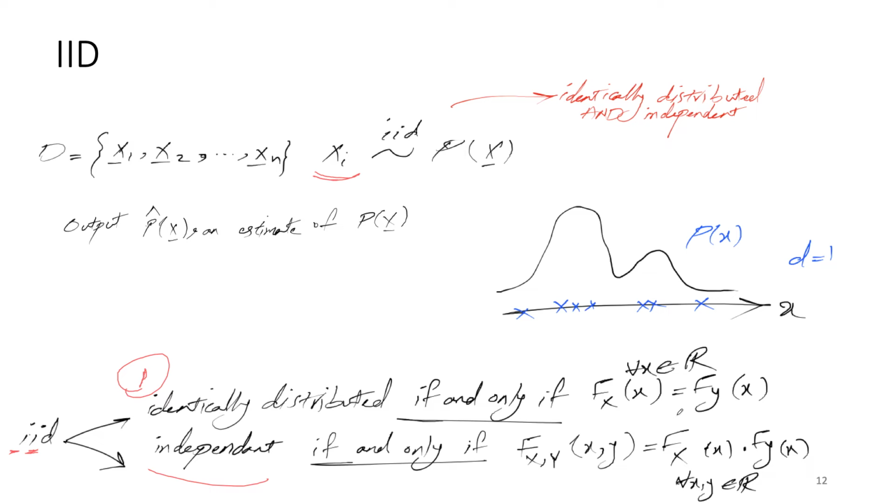And remember, this is if and only if, so it goes both directions. And we call it independent if and only if we can break f of x of y into a multiplication of f of x of x and f of y of x. So if these two conditions hold in both directions, we call that IID.